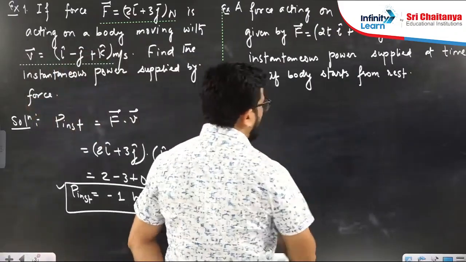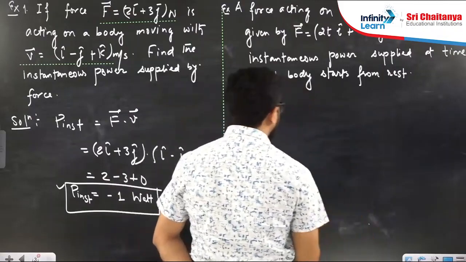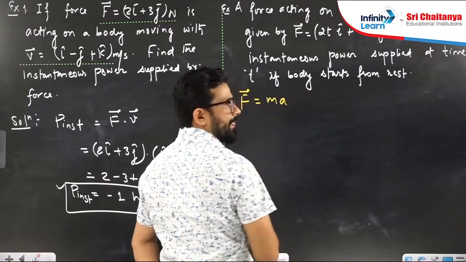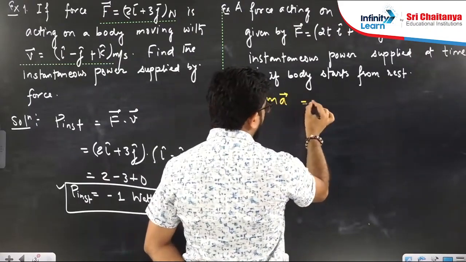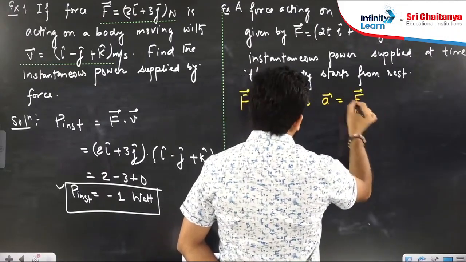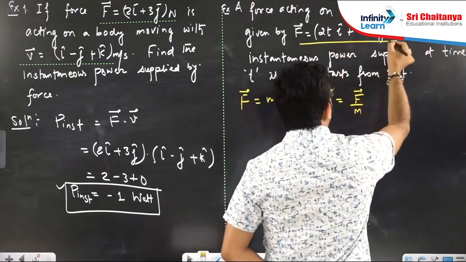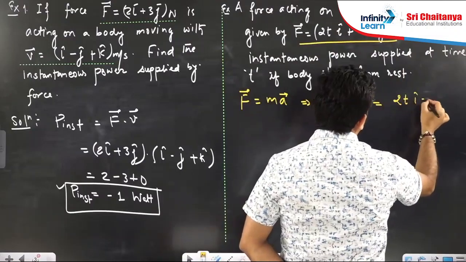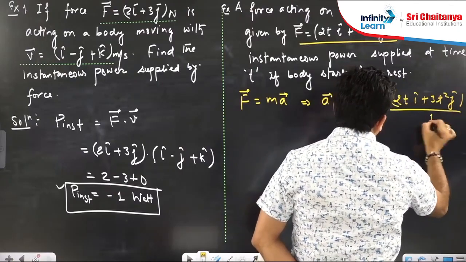Now try to understand how to solve this. We know very basically that force is equal to M into A, or directly, A is equal to F by M. M is 1 kg, it is given to you, and force is given to you. Putting the value, A is equal to 2t i cap plus 3t square j cap divided by 1.